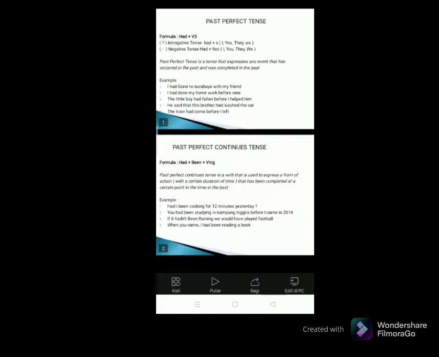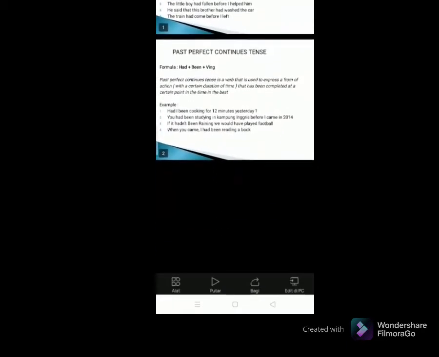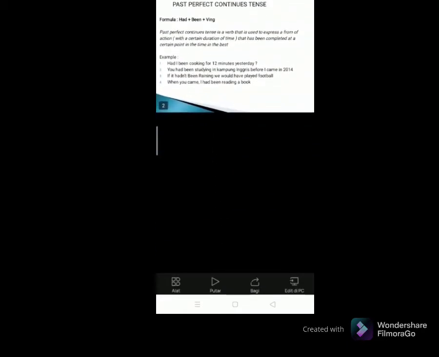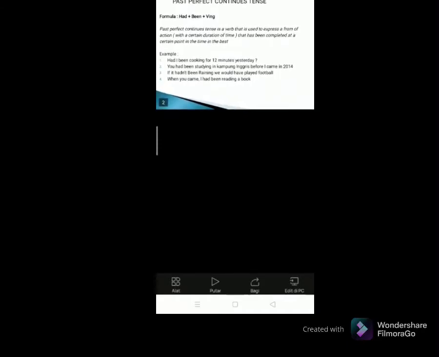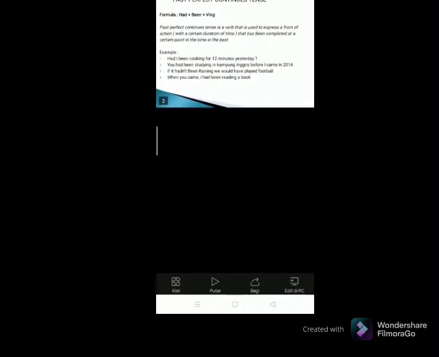Next, for the material about tenses, past perfect continuous tense. Did you know about the past perfect continuous tense? Right.